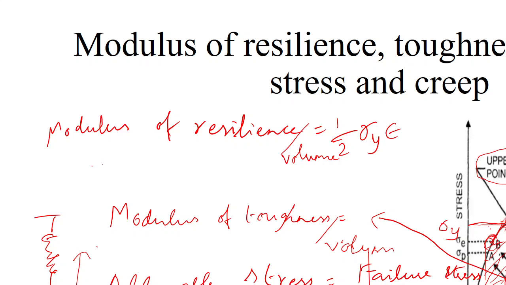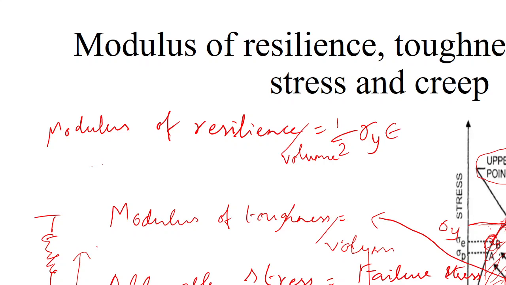Creep is possible even at low temperatures, but its significance is less at low temperatures. Whereas for high temperature applications, for example materials used in engines, the temperature is very high, and there you have to take creep into account. You can't neglect the creep value.